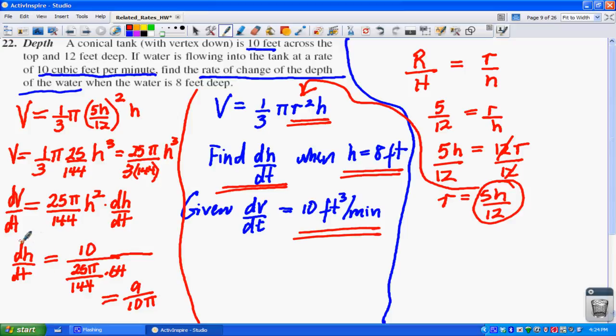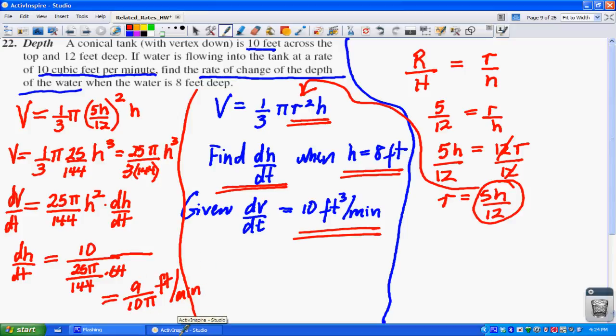This is the rate of change of the height or the depth of the water with respect to time. So since it's the height, it should be in feet per, and what was the time? I have to look back here, and everything was in terms of minutes, so it's feet per minute. You could change this to a decimal, but this is perfectly fine, an exact answer in terms of pi.